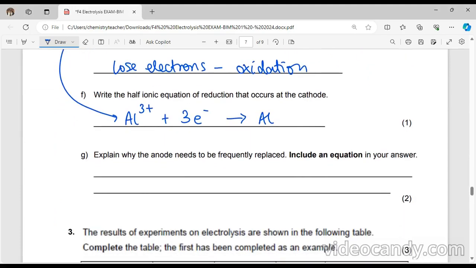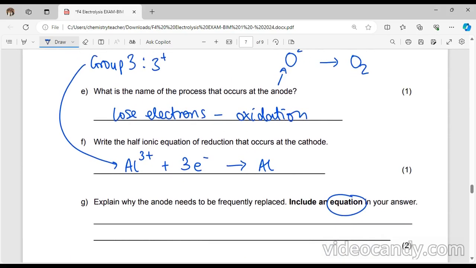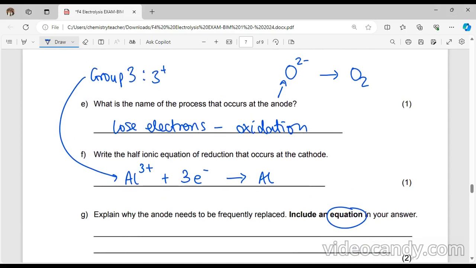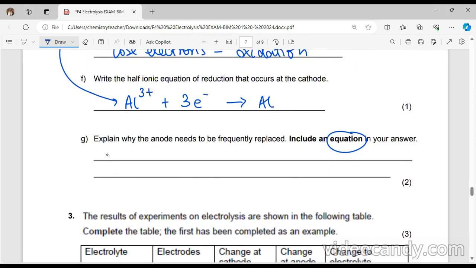And then finally, explain why the anode needs to be frequently replaced, and include an equation in your answer. I would have accepted a word equation or a chemical equation. If we look here at E, I said that at the anode we're generating oxygen gas. Now that oxygen gas reacts with the electrode itself, which is made of carbon, and that makes carbon dioxide.